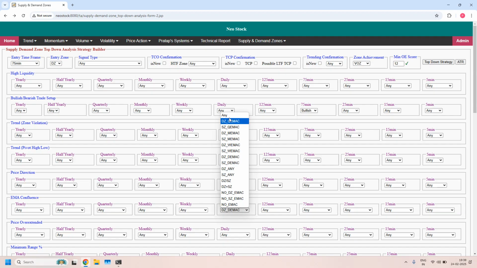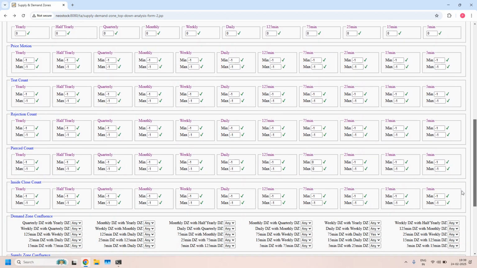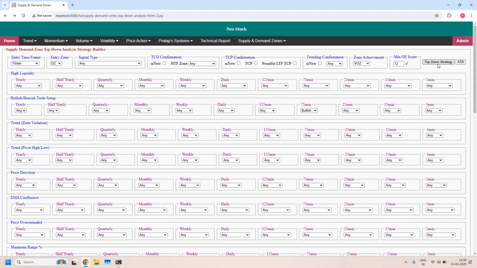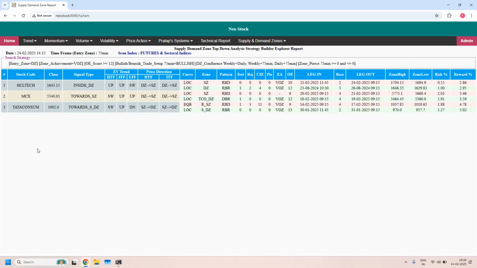I am removing EMA filter. So in the demand zone confluence, first filter is already enabled. Next, second 75 with weekly demand zone confluence, daily demand zone with weekly demand zone confluence. With all the three filters, we got three stocks.